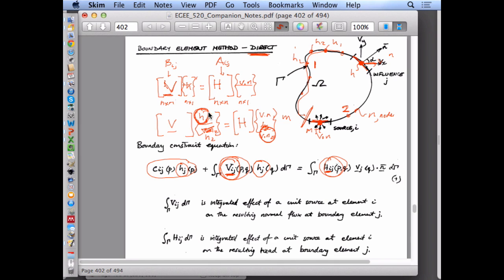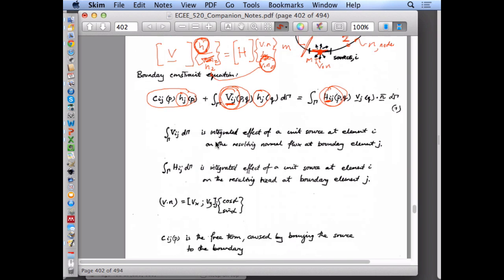We have a total of n boundary conditions. Some of them happen to be heads, some of them happen to be velocities, but we can just rearrange these equations to solve the system by swapping rows and columns until we swap these things over here. And that's it.